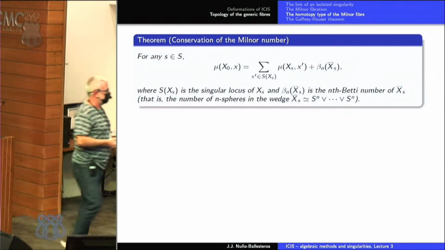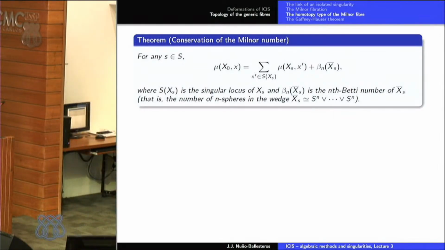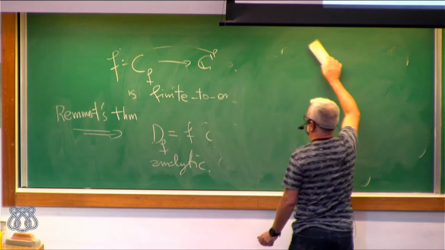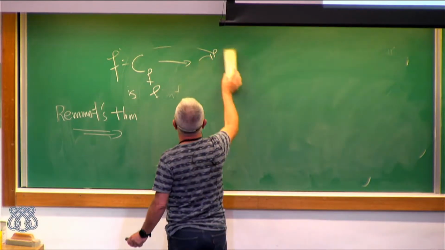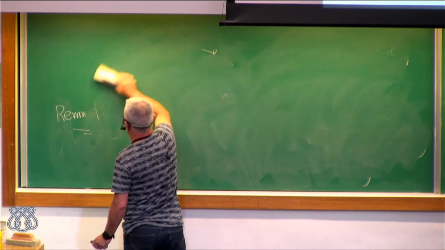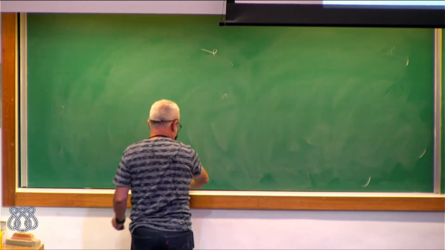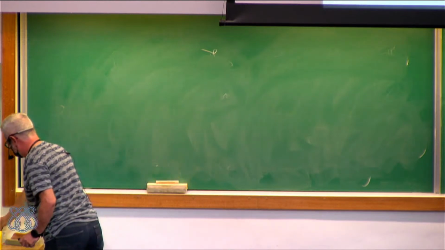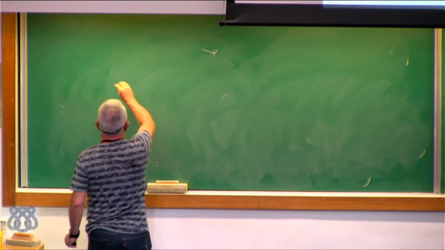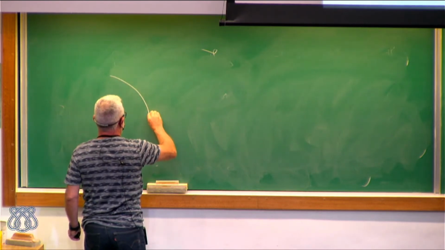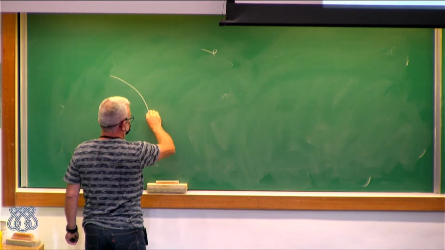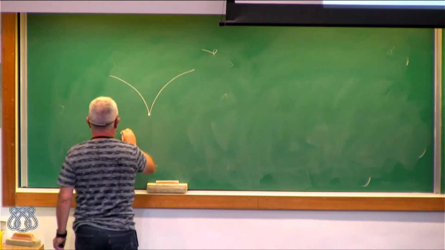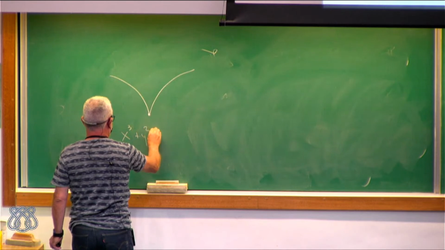For instance, imagine that you take the cusp. The cusp is x cubed plus y squared equals 0.